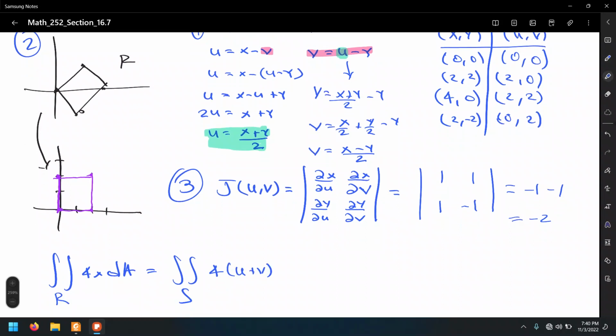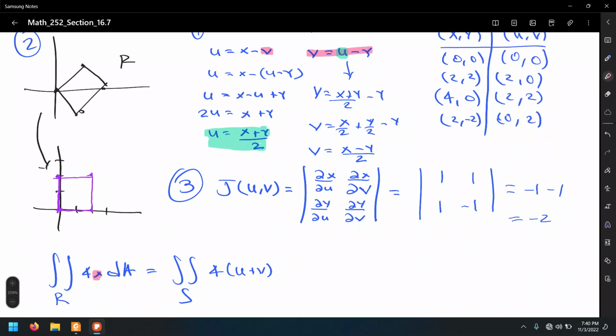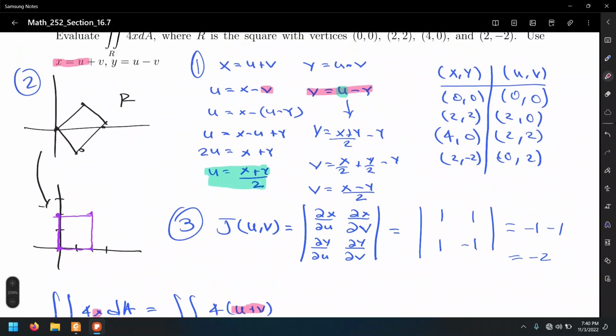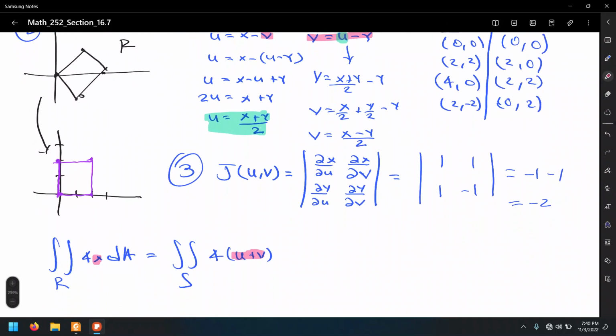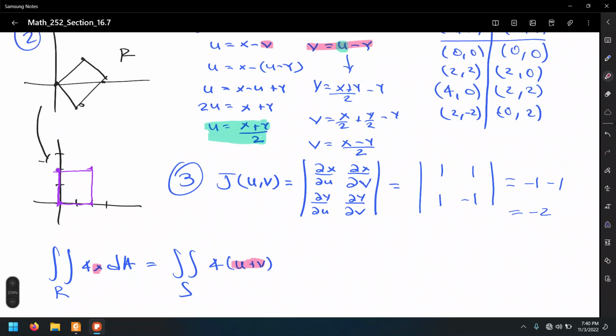Let me highlight that. So this x equals u plus v comes from the given transformation, and that's given, all right? That's not something you have to figure out. What you need to figure out is the new variables in terms of the original variables, which is by basically doing these substitutions that we did.